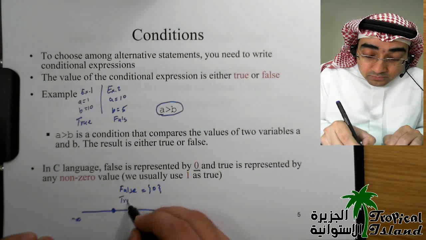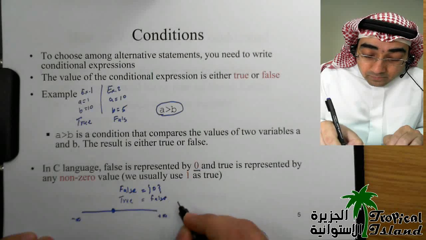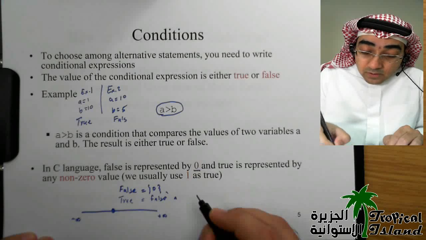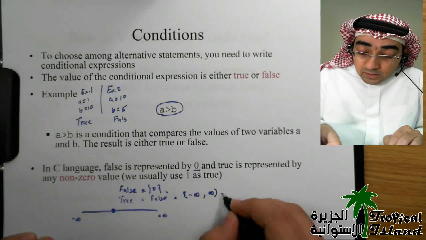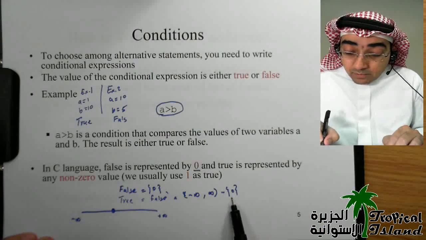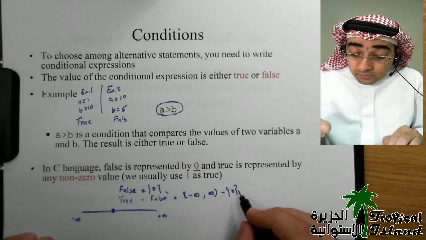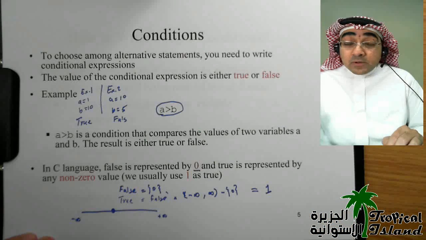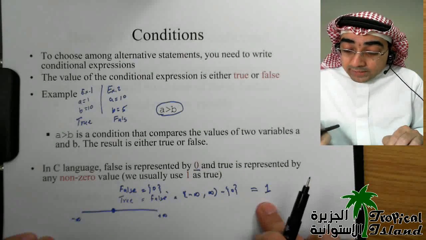Now true is equal to the complement of false. Or it's actually equal to taking all the numbers, minus infinity to infinity, minus 0. This is what is represented by true. Now the compiler denotes all of these numbers by 1. So whenever we say that a value is true, we will refer to 1 as the value.